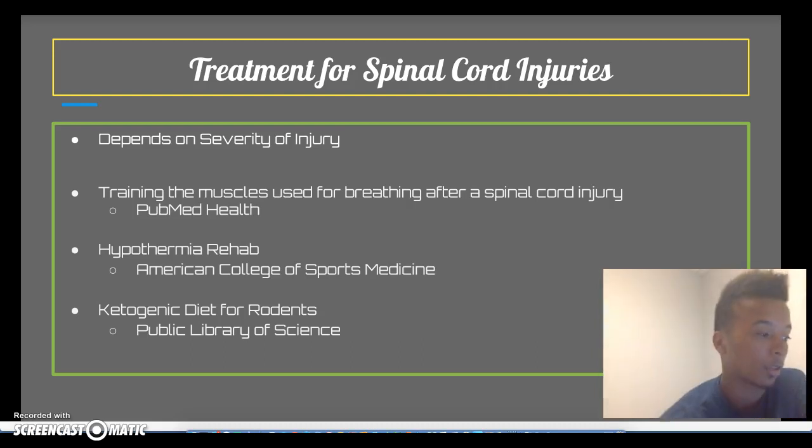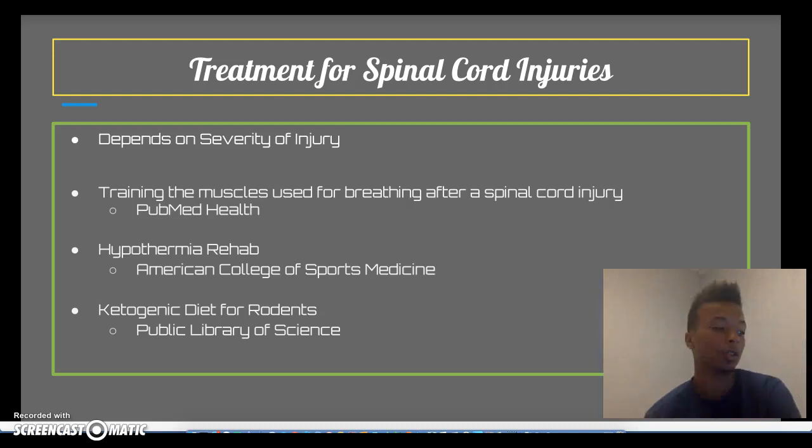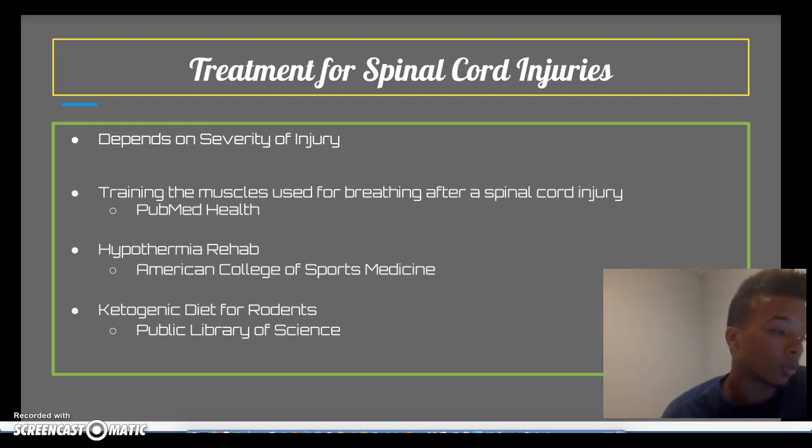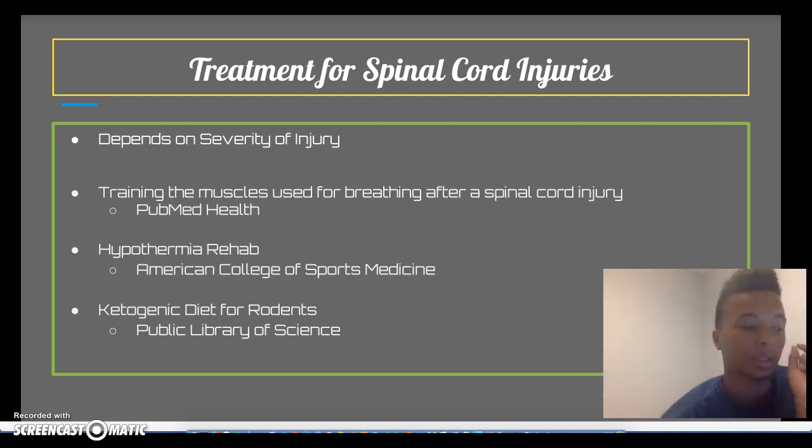Finally, a really interesting article is about a ketogenic diet for rodents with spinal cord injuries. For those who don't know, the ketogenic diet is a high-fat, low-carbohydrate diet. It's usually used for patients with epilepsy, and the ketones reduce neuronal excitation and promote neuroprotection.